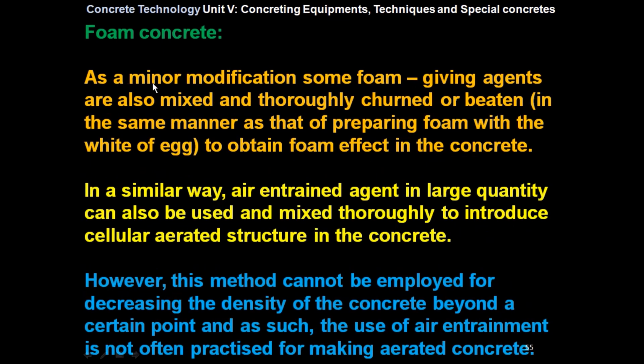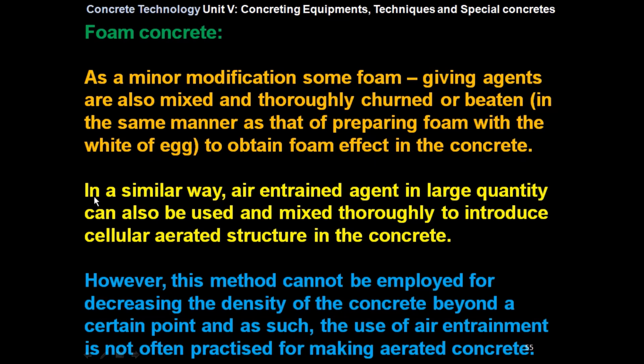As a minor modification, some foam giving agents are also mixed and thoroughly churned or beaten in the same manner as that of preparing foam with the white of egg to obtain foam effect in the concrete.